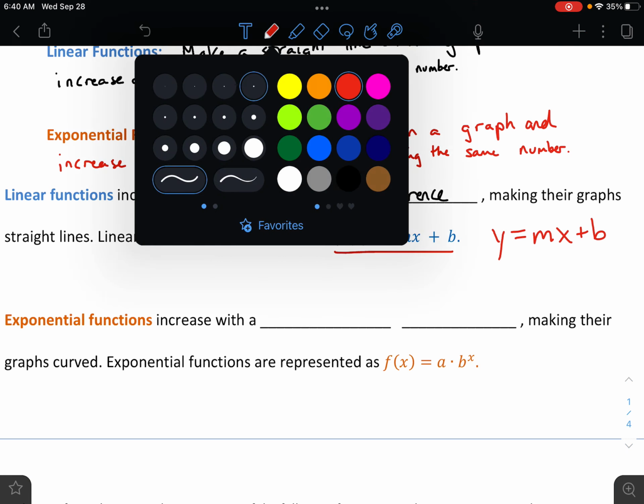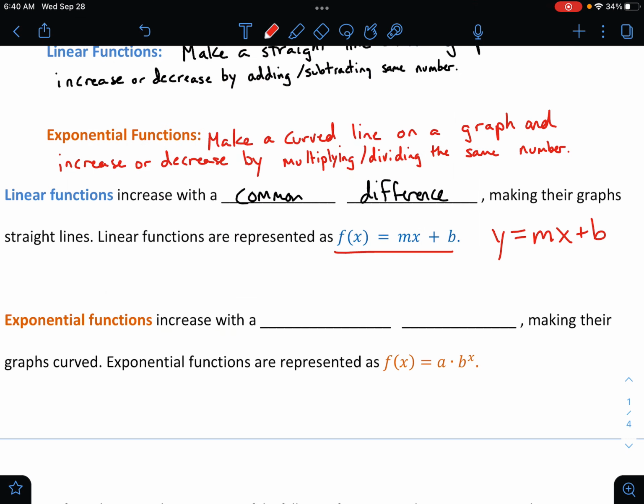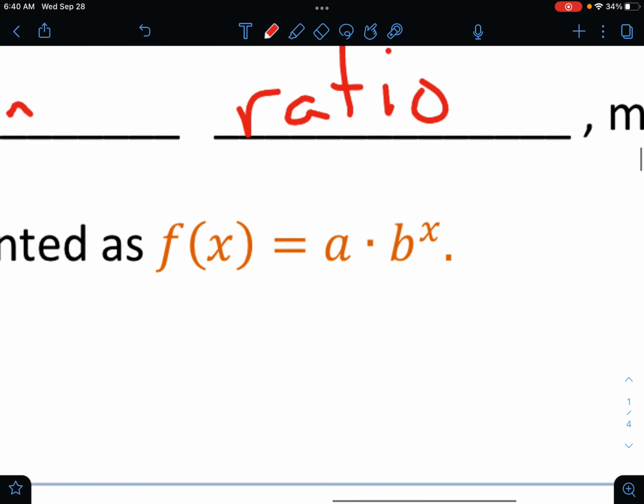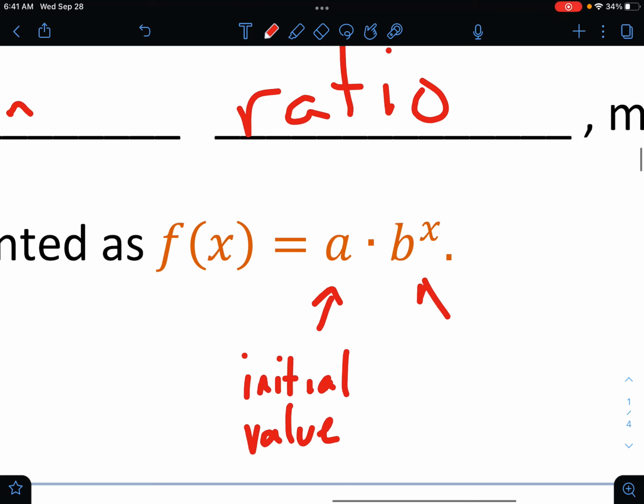Exponential functions then increase with a common ratio, meaning they multiply together, making their graphs curved. Exponential functions are represented as f of x equals a times b to the x, where a is the initial value and b is your ratio.